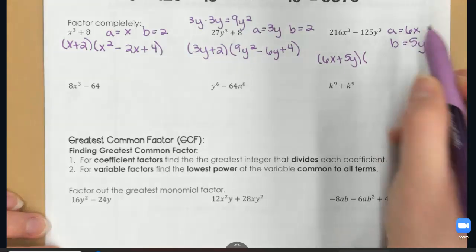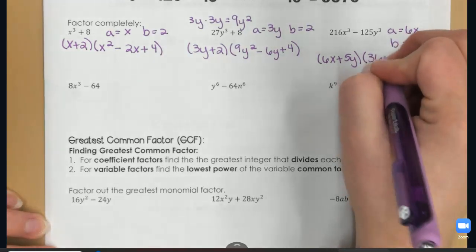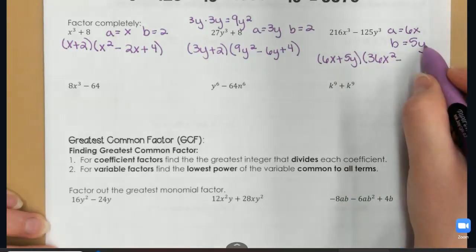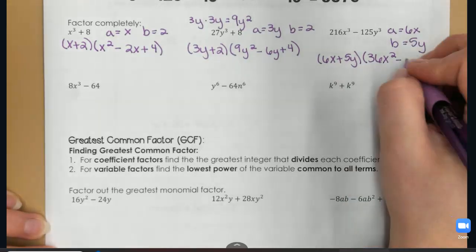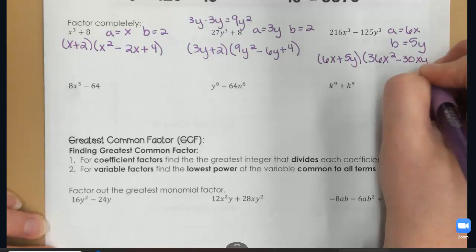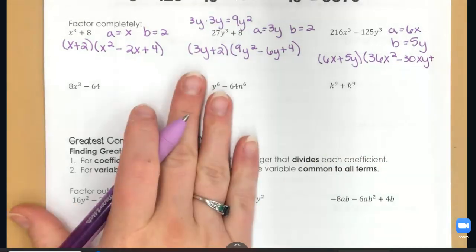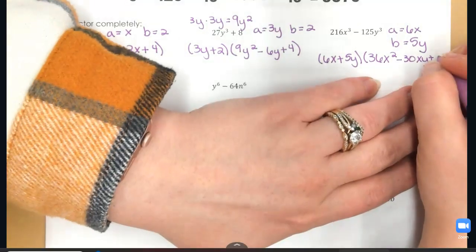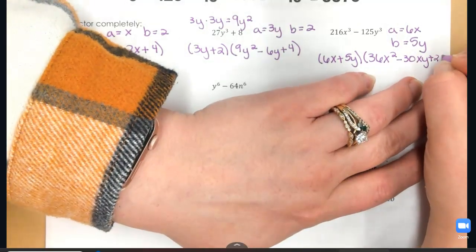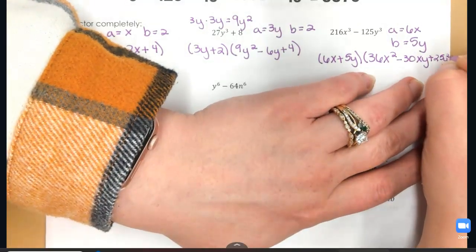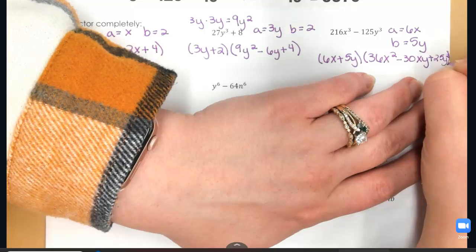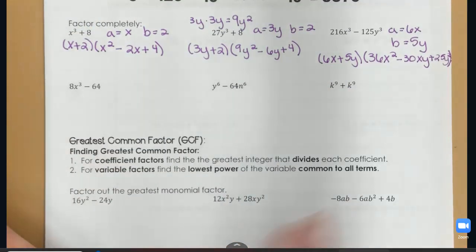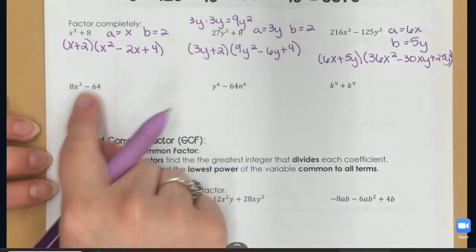Remember, I'm squaring the 6 and the x, 36x squared, minus a times b, 6x times 5y is 30xy, and then plus b squared. 5y squared is going to be 25y squared. All right, on to my next row.